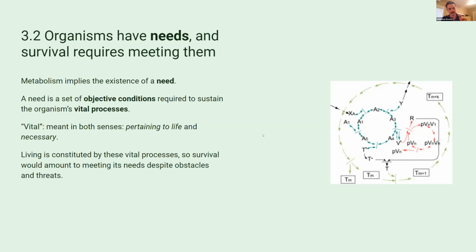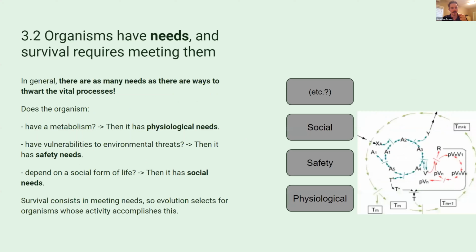So if living is constituted by these vital processes, survival amounts to reliably meeting your needs in a certain kind of environment, despite obstacles and threats. Interestingly, just from those premises, you get a ballooning set of needs because there are as many needs as there are ways to thwart these vital processes.